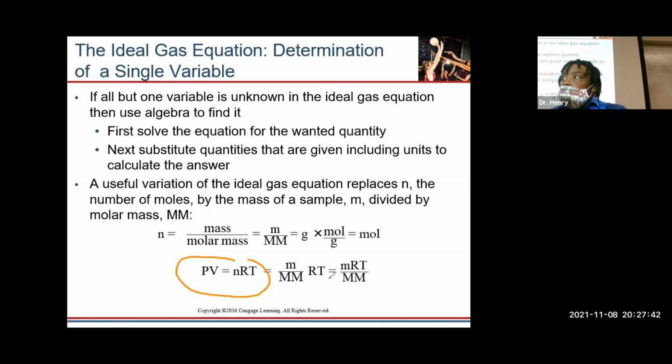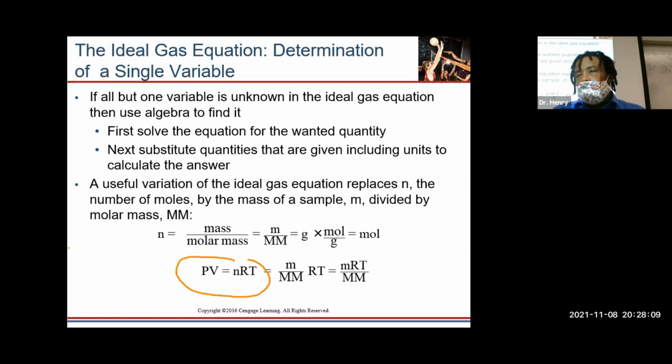Then we could use this to determine some aspect that we're missing. So we could have an unknown. If we have the mass, the volume, the pressure, and the temperature, we can calculate the molar mass of our unknown.